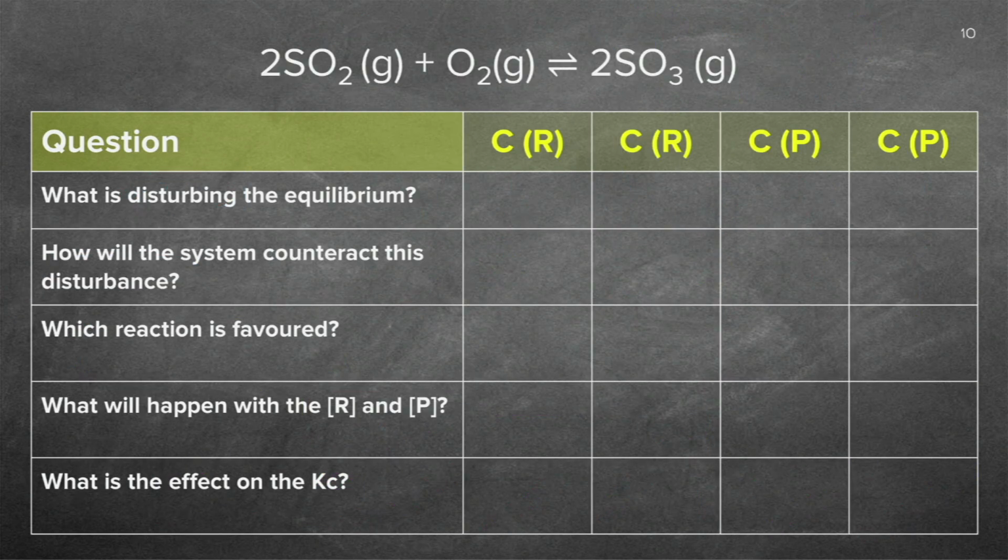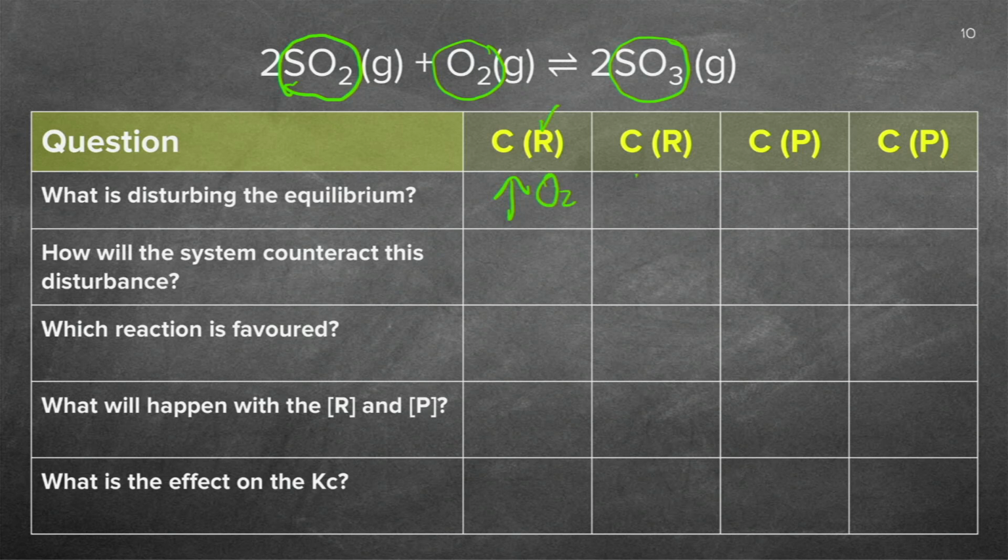Right, let's do a real reaction. I'm working on a plant. I am producing SO3 and I'm putting in the reactants, sulfur dioxide with oxygen. Then I can do a few disturbances, the external things. I can increase the reactants, say for instance oxygen.